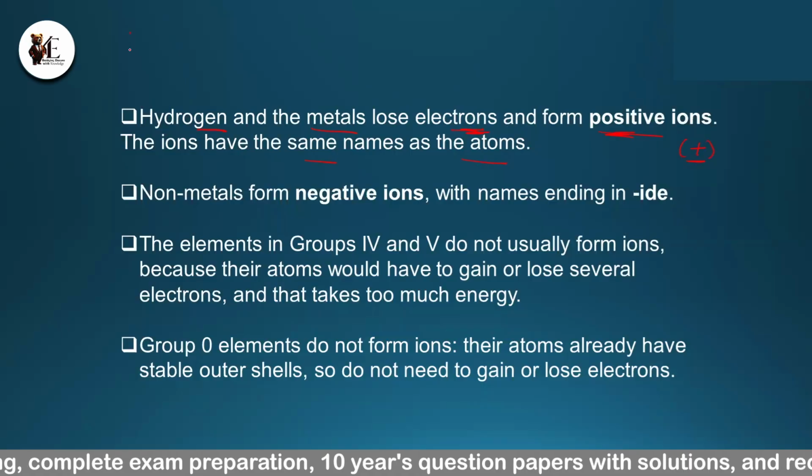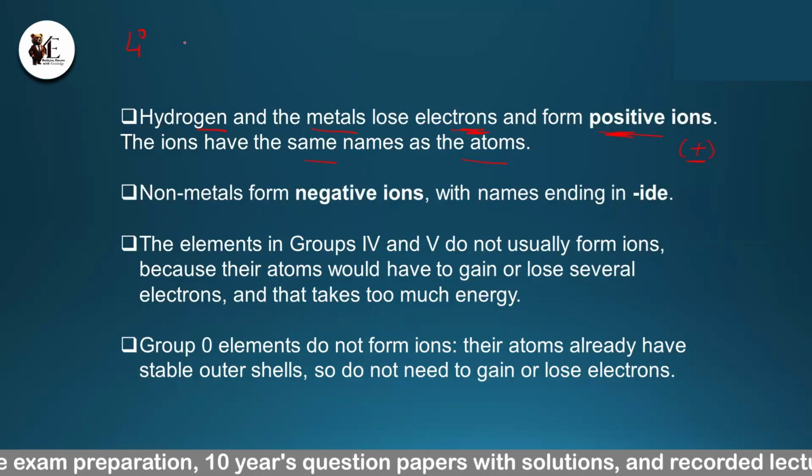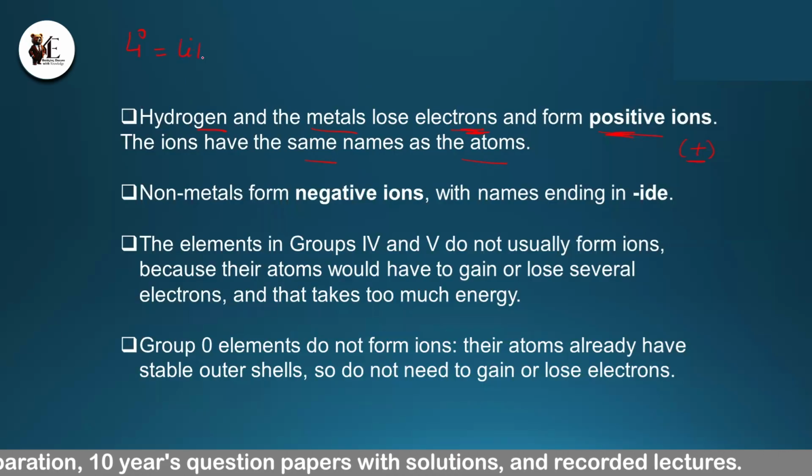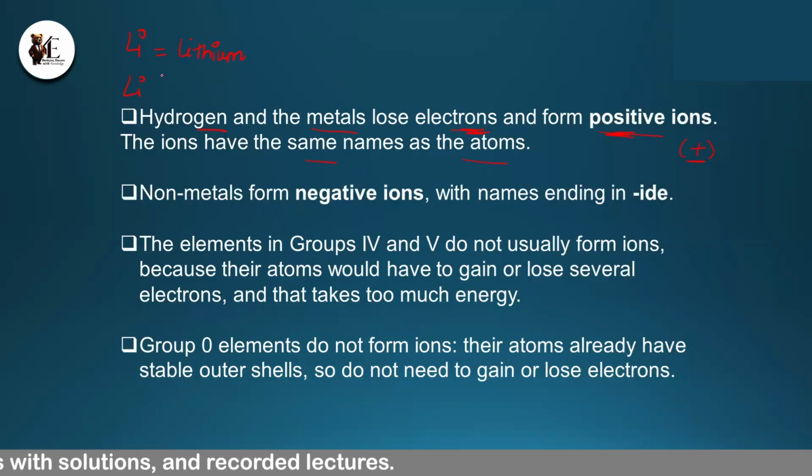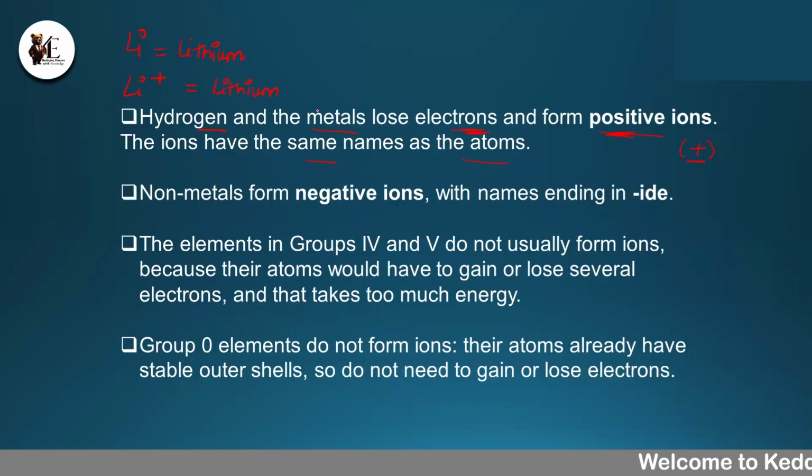For example, lithium. It is known as what? Lithium, right? And this one, Li plus, the lithium ion, is also known as lithium. No change in the naming, right? In case of sodium, the symbol of sodium is this.